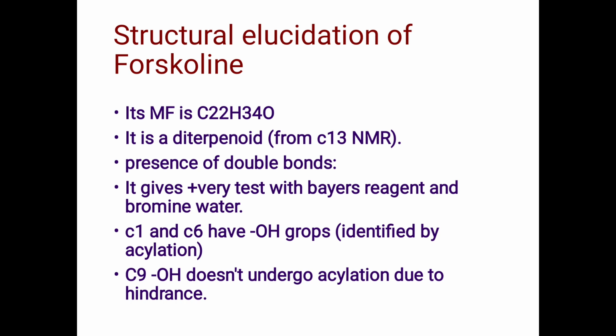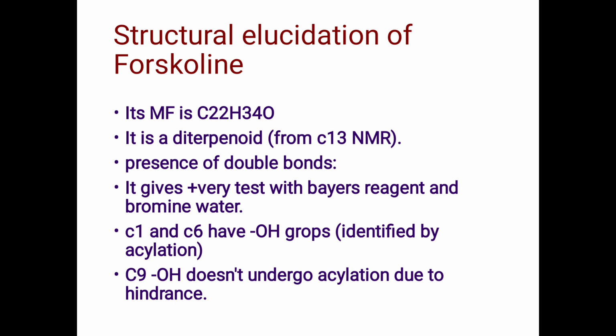On reaction with Baeyer's reagent, forskolin forms an addition product. Similarly, on reaction with bromine water, it forms an addition product. So these reactions indicate the presence of a carbon-carbon double bond.